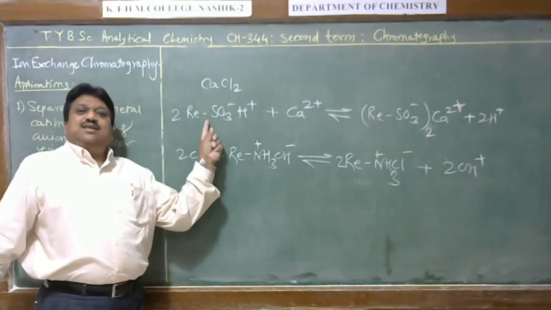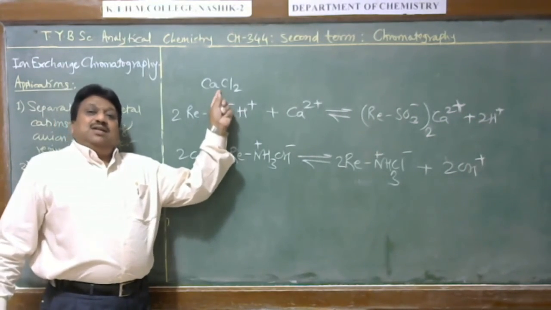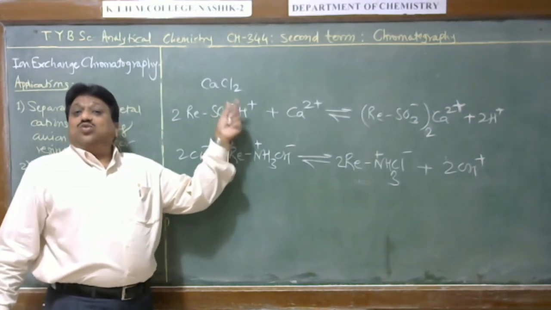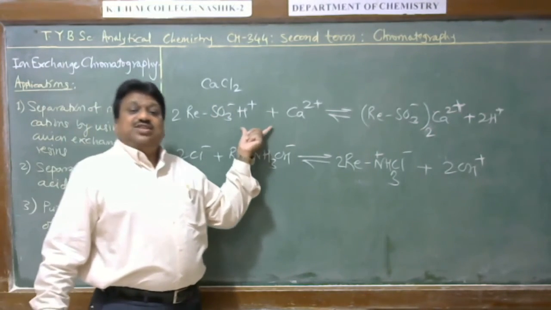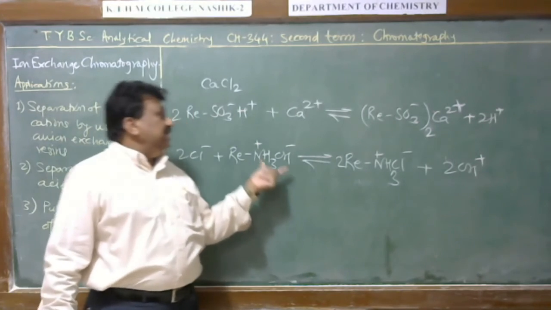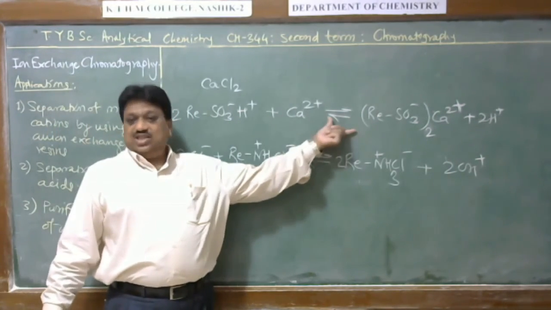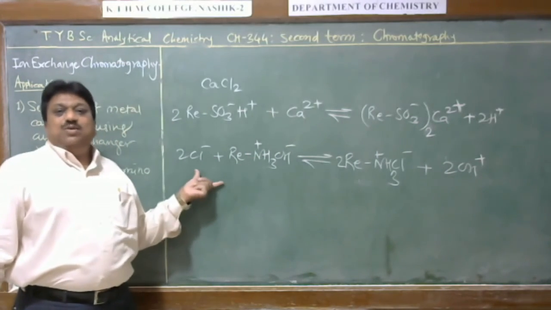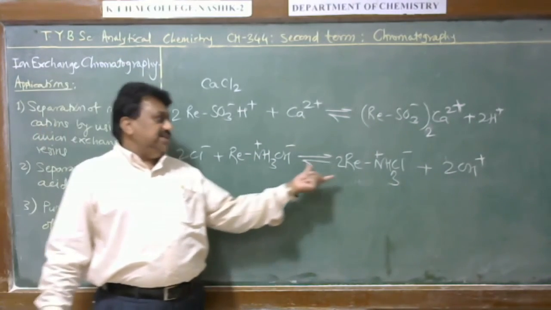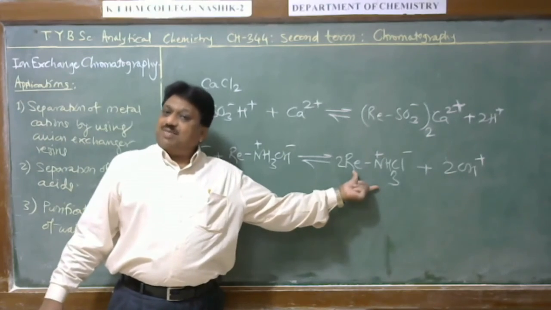In this case, when we pass water containing dissolved salt through a mixed bed of cation exchanger resin and anion exchanger resin, the cation will be exchanged on the cation exchanger resin in this form, and the anion will be exchanged on the anion exchanger resin by giving an OH minus ion.